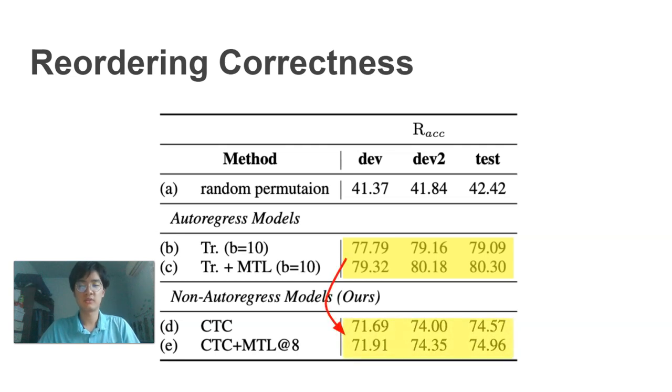Non-autoregressive models perform similarly, but are inferior. This shows that non-autoregressive models also have the ability to reorder. We observed that multitask learning tends to improve reordering correctness. We hypothesize this is due to the improved stability brought by the speech recognition task.